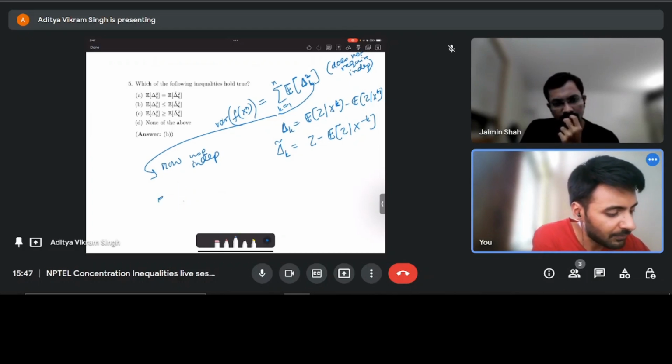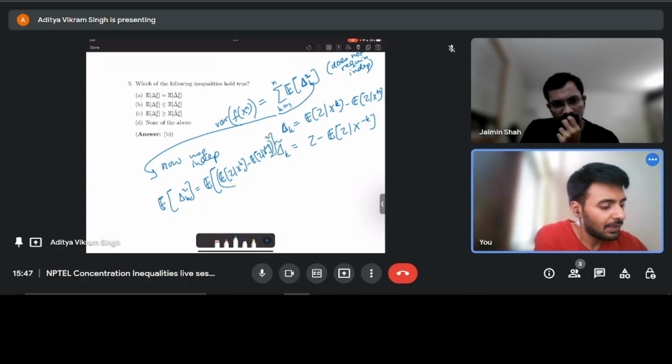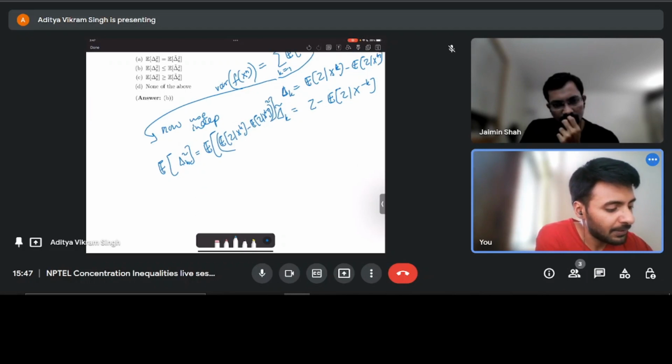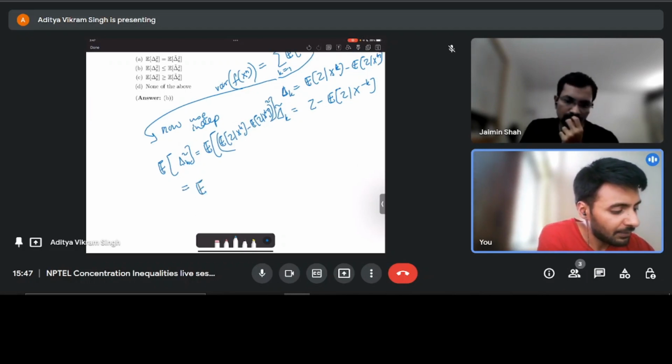So what is this, the expectation of delta k square? It is the expectation of the square of Z given X1 to Xk minus the expectation of Z given X1 to Xk minus 1. Now we use the tilde property, the independence property, to write everything in terms of something like this.